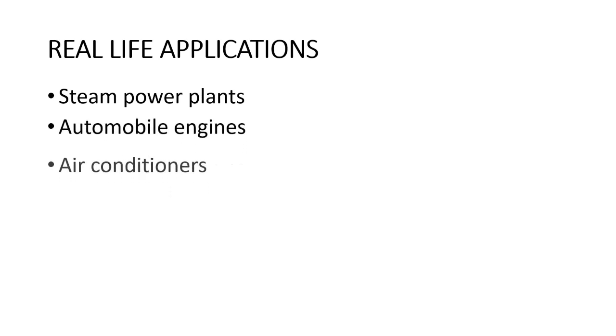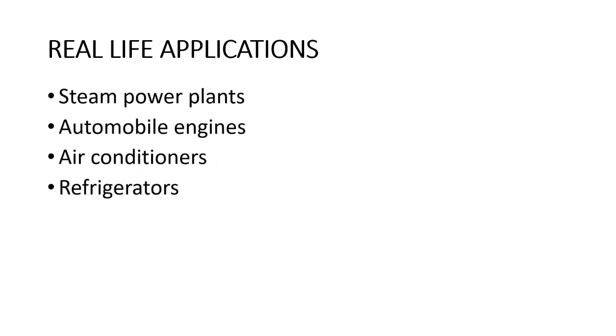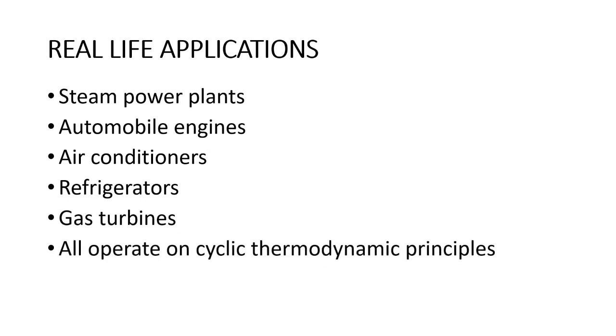Here are some real life applications: steam power plants, automobile engines, air conditioners and refrigerators, and gas turbines. All of these operate on the cyclic thermodynamic principle, meaning the working fluid goes through a series of processes and returns to its original state after each cycle.